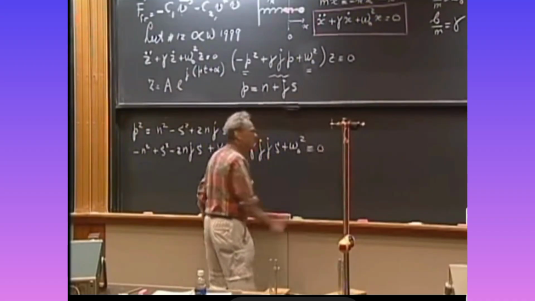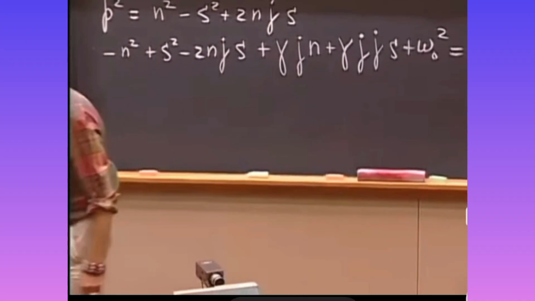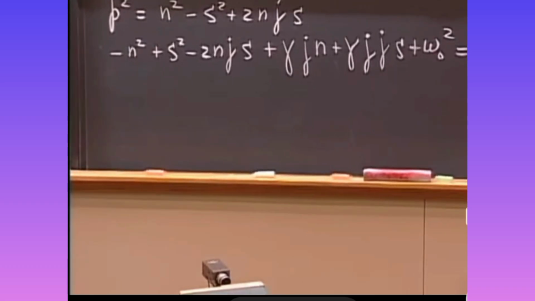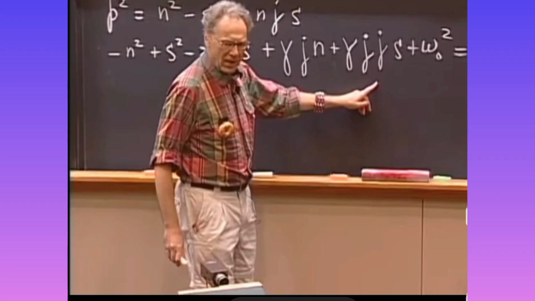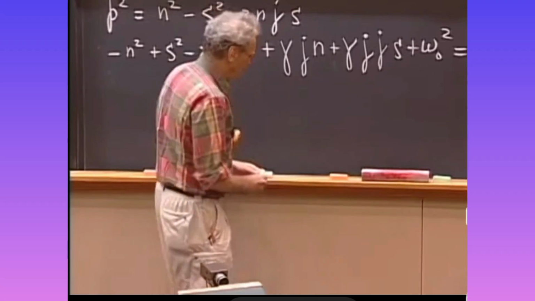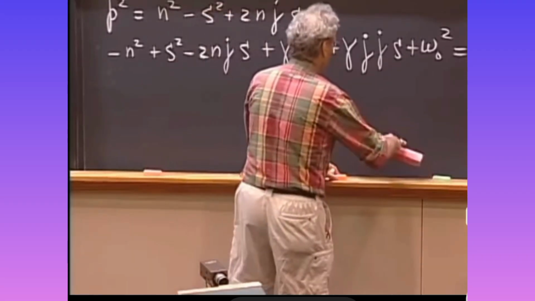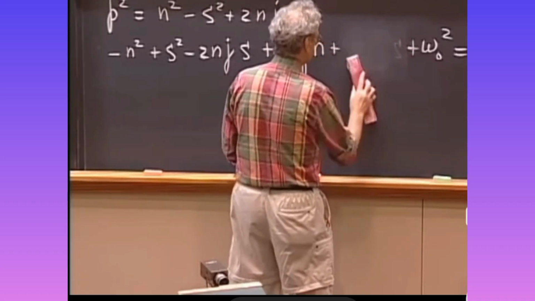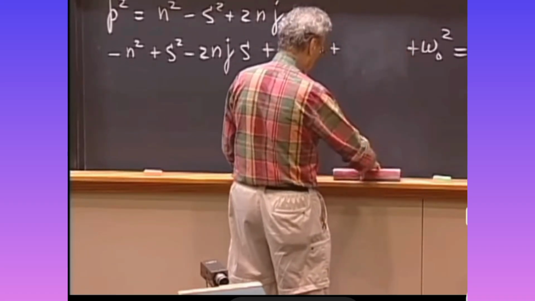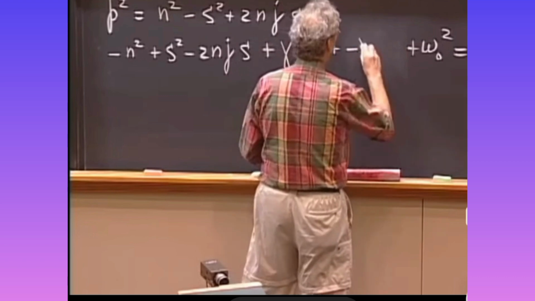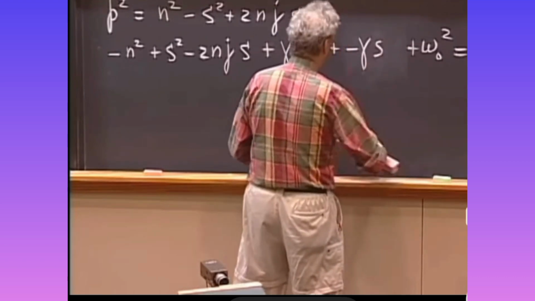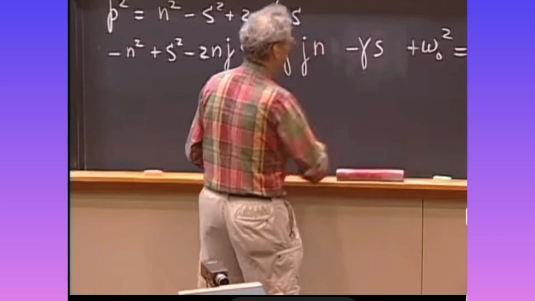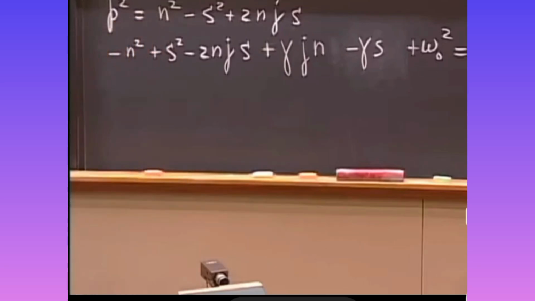And this now has to be 0. I have here j squared. J squared is minus 1. So, I can erase this and replace it by minus gamma s. You cannot do that. That's the price you pay if you didn't take my advice not to take any notes. So this is minus gamma s.